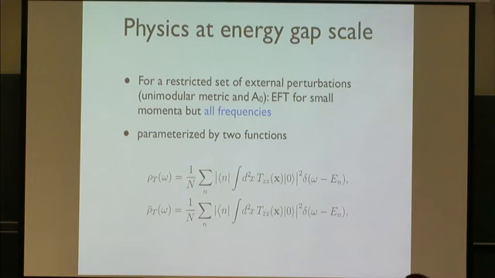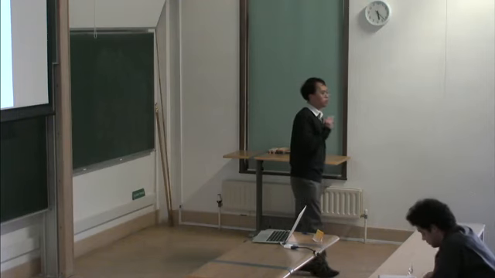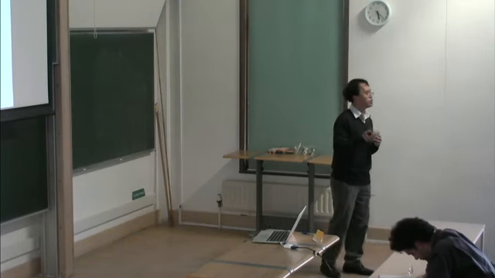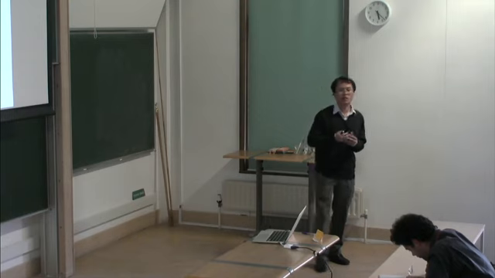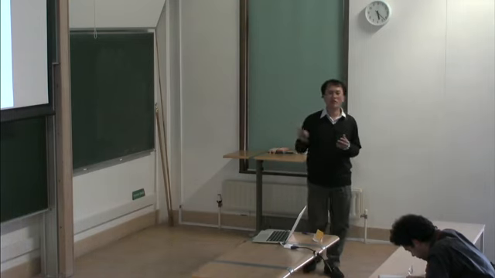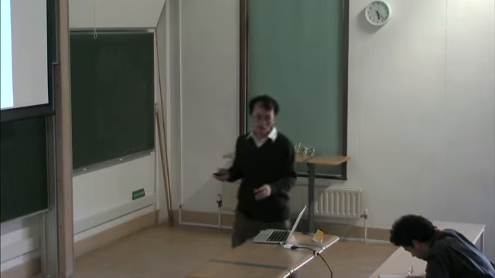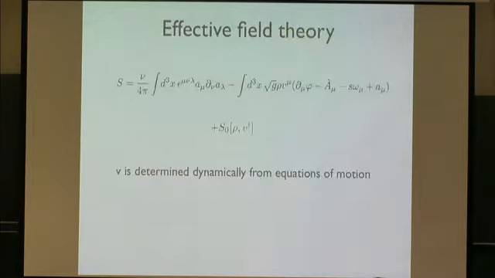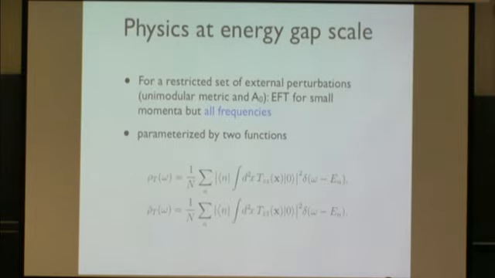Okay, so if we want to describe the physics at the energy scale of the gap, things start to break rules, because you have a lot of new terms you can write down in the Lagrangian. These new terms are what we collectively call S0 in this expression.